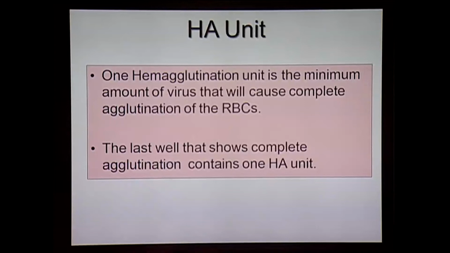Hemagglutination is represented as hemagglutination unit. One hemagglutination unit is the minimum amount of virus required to form complete agglutination of the RBC. Suppose we have taken 25 microliter of virus sample and we have diluted it manifold, and suppose we observe complete hemagglutination in case of 1:64 dilution.